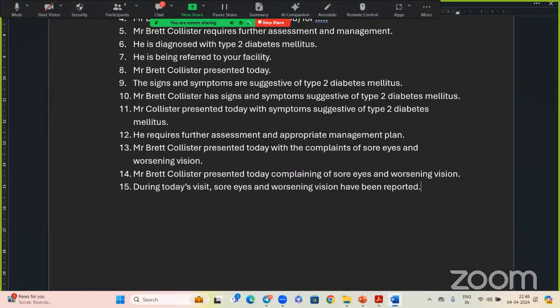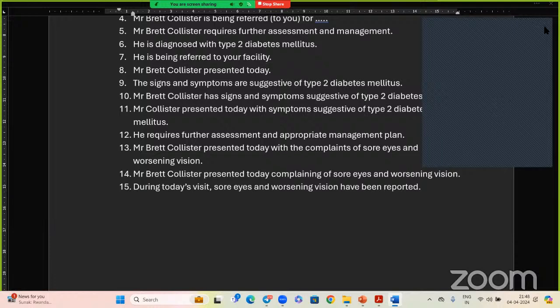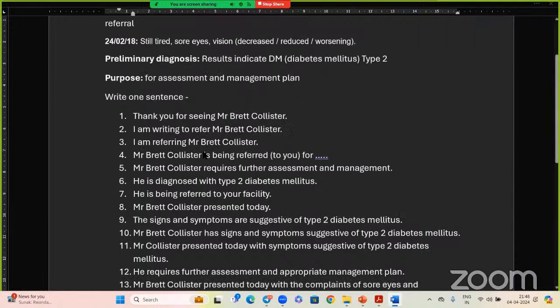Reported. Today, during today's visit, sore eyes and worsening vision have been reported. So, what different styles of writing? I'm not teaching you a letter. I'm teaching you different styles of writing the letter. We are only constructing sentences.